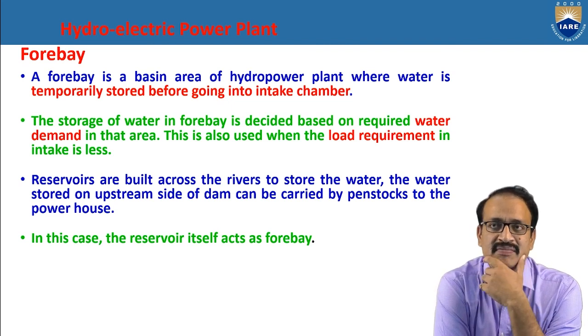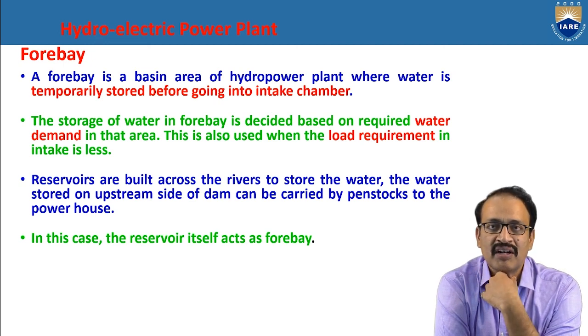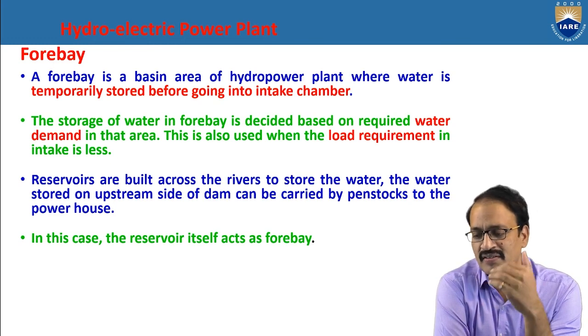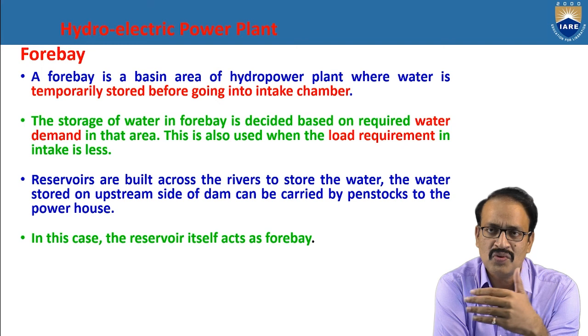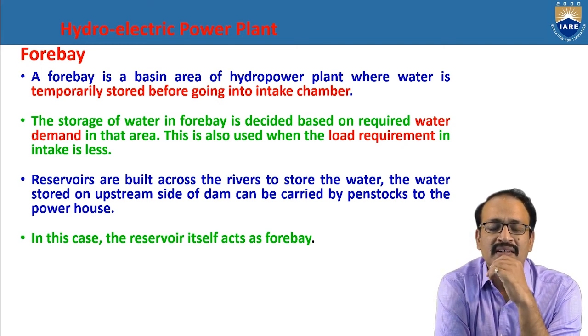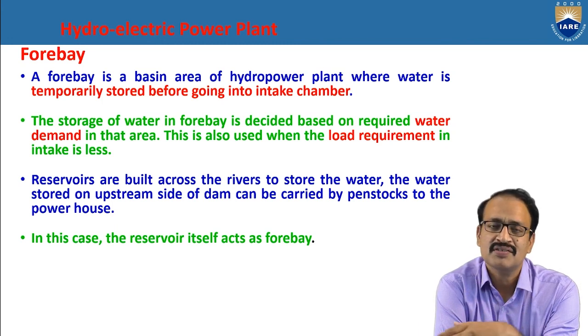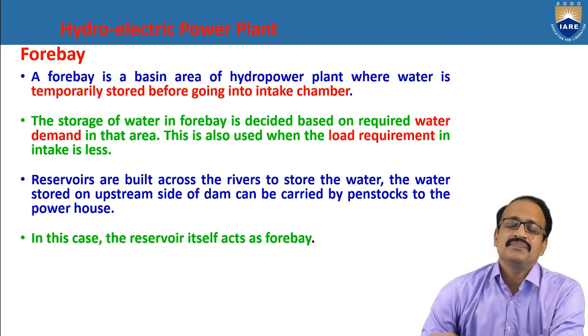After the forebay, the water goes to the intake, and from the intake it flows through the penstock and reaches the turbine.